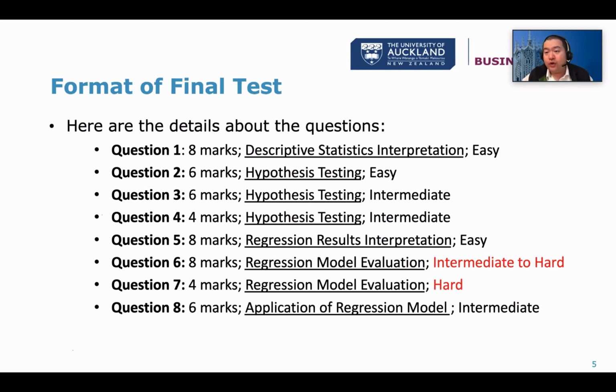And because this quarter we have spent time to analyze the residual, you also have to check the 4 assumptions of the residual. In the previous test, we only tested you on the hypothesis of homoscedasticity, something like this, right? But this quarter, because we have formally discussed the 4 assumptions, this is a part of the test.